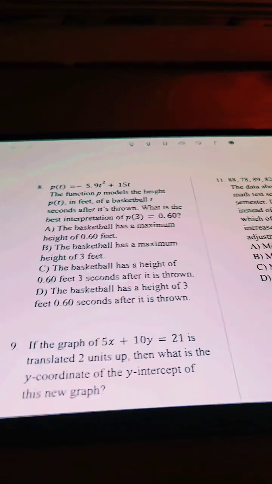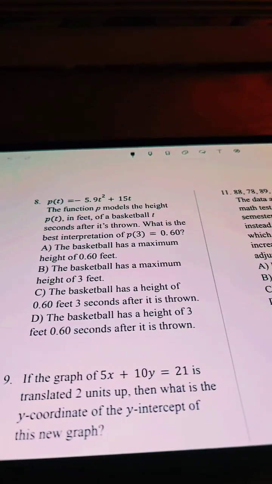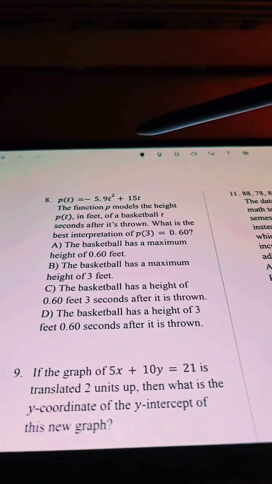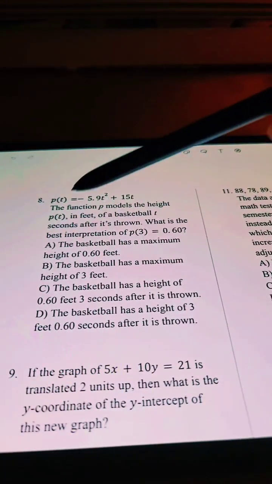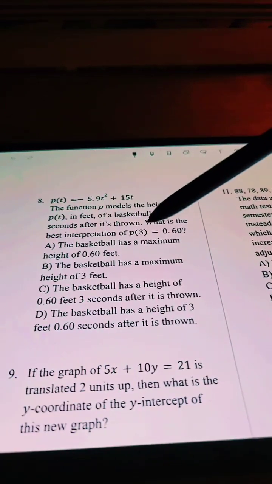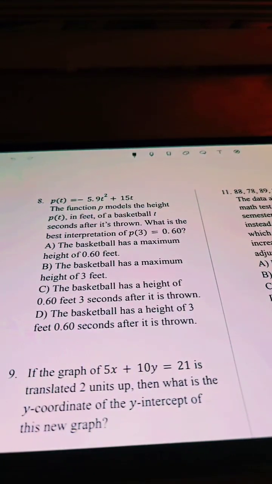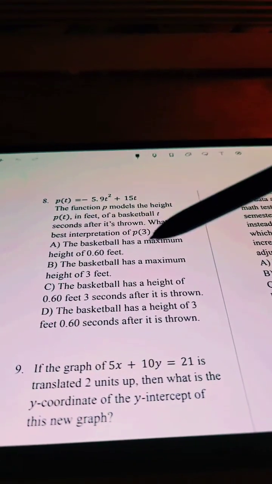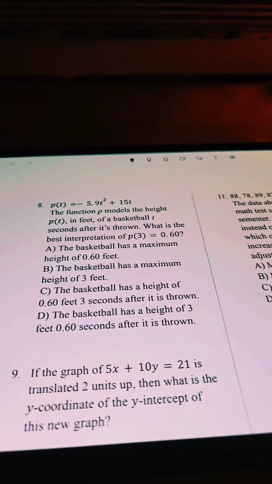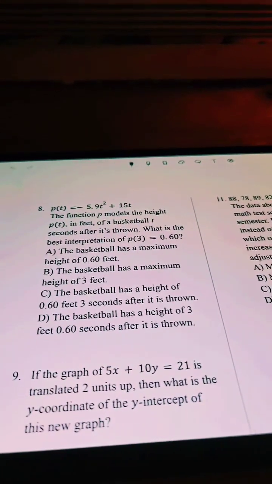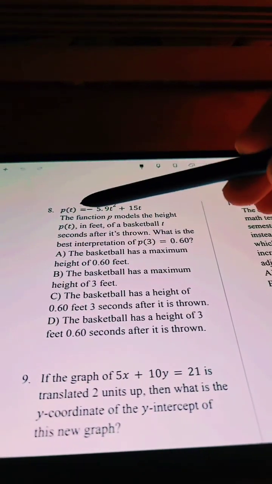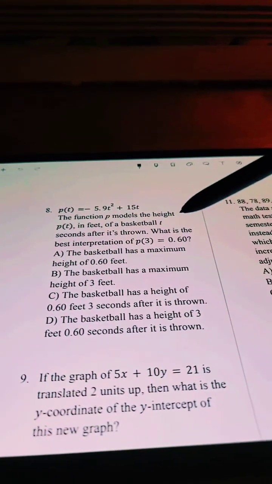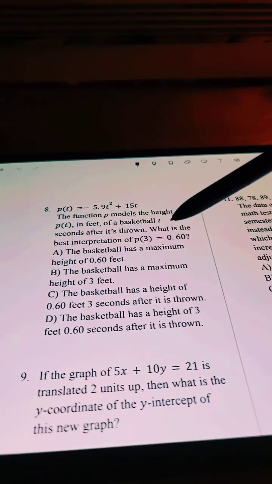So let's go to the next one, number 8. The function P models the height P of T in feet of a basketball T seconds after it's thrown. What is the best interpretation of P of 3 equals 0.60? With these interpretation problems, it's usually your best bet to pay attention to the units. P of T should match up with feet and T should be in seconds.